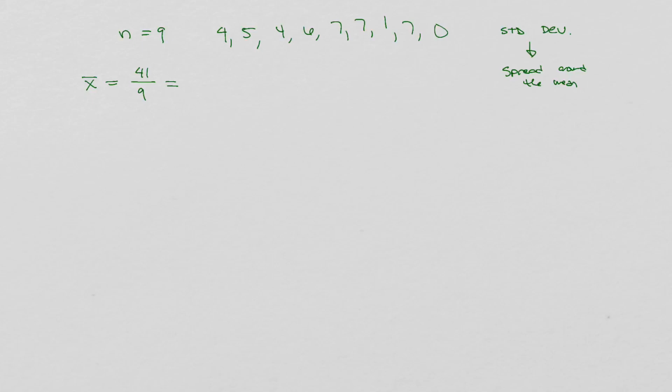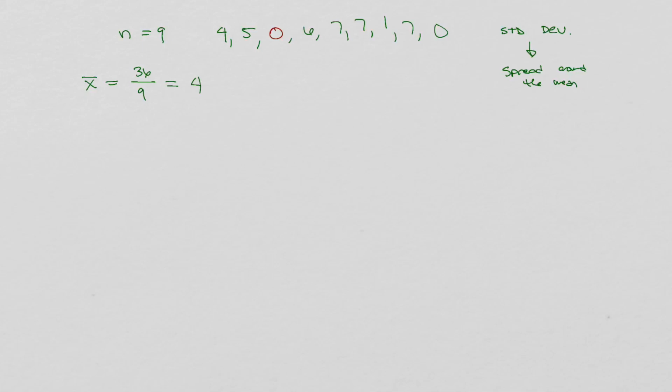So let me do this just because I'm kind of a sissy. I'm going to take that 4 out and replace it with a 0. Because if I do that, then that adds up to 36. And 36 divided by 9 is 4. All right, just so we can get through this kind of quickly.